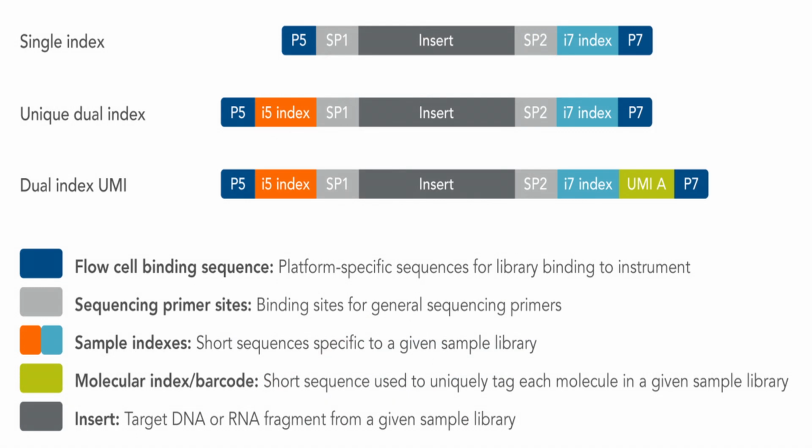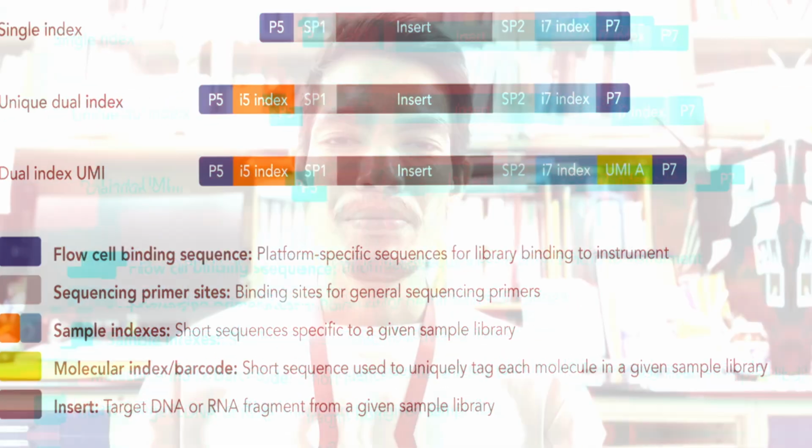One, it carries within it the primer sequence, which will kickstart the sequencing process. And also, it carries the indexing information, which is critical when sequencing more than one sample at a time.